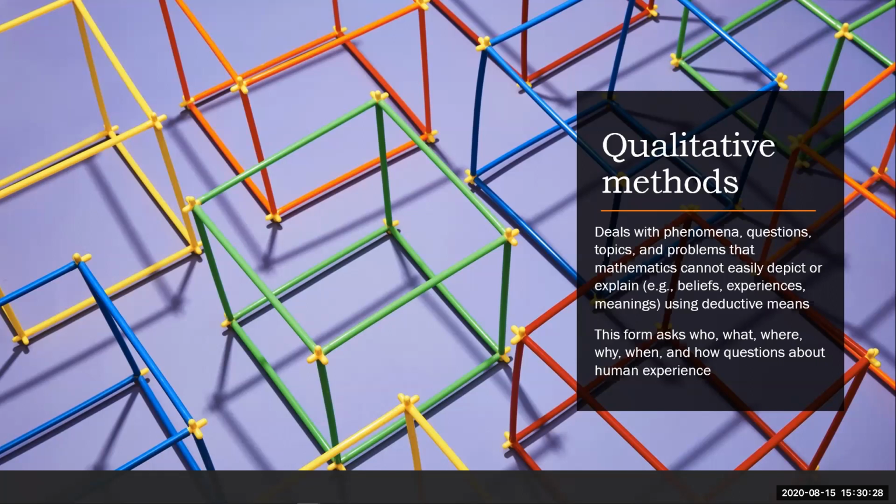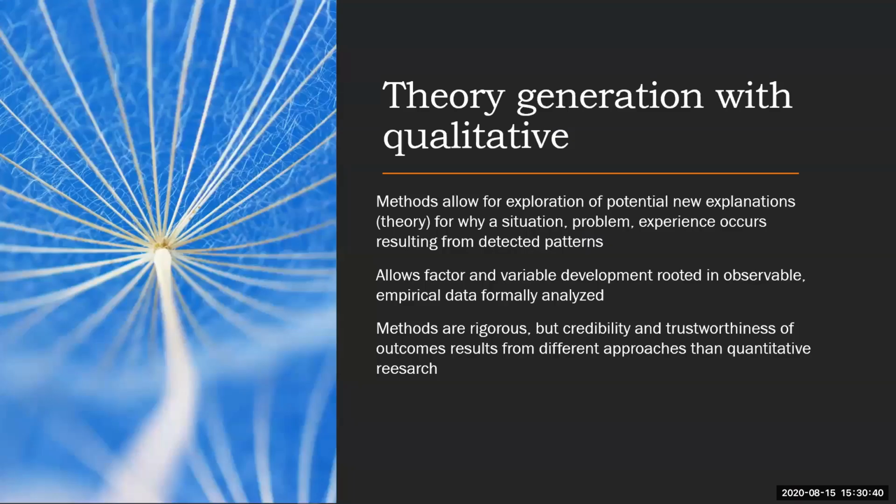So qualitative methods help us get into these questions of who, what, when, why, where, how, and get into individual experience as well as group experience. We can also, as I said before, generate theory because we're getting into a lot of detail. We're asking questions, we're doing interviews, we are doing direct observation, we're looking for patterns.